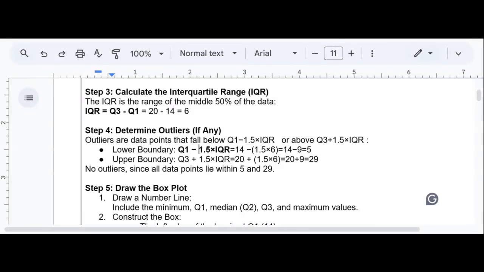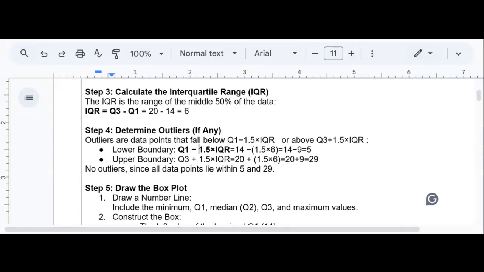But in order for you to follow the rules, which is getting the lower boundary, what do we have to do? We have to take quartile 1 minus 1.5 times the interquartile range.